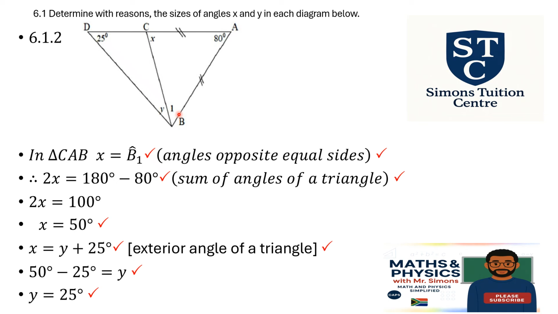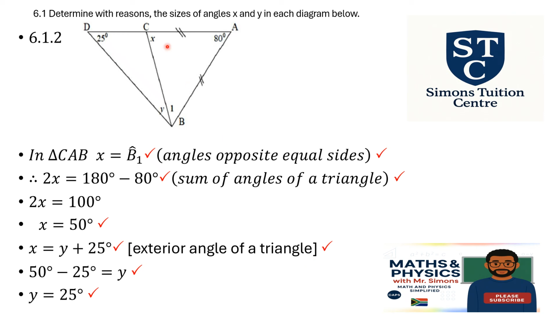Now to get to y, I assume you can see that angle is outside. So the exterior angle of a triangle equals the sum of the two opposite interior angles. So y plus 25 must equal x. From there, x equals y plus 25.